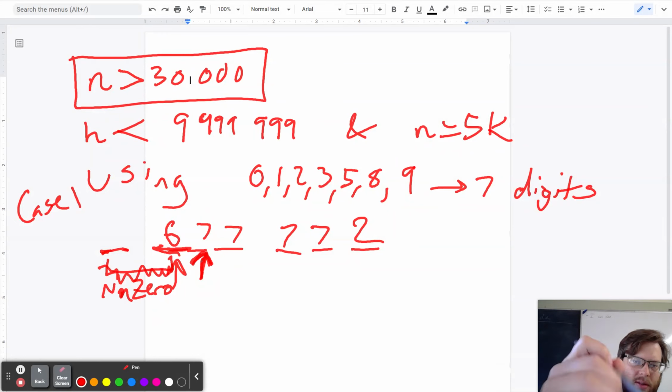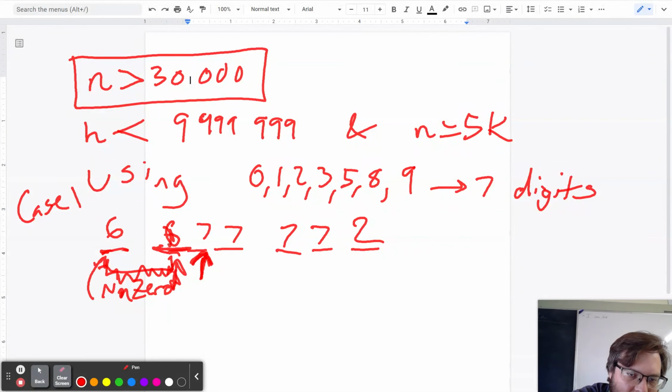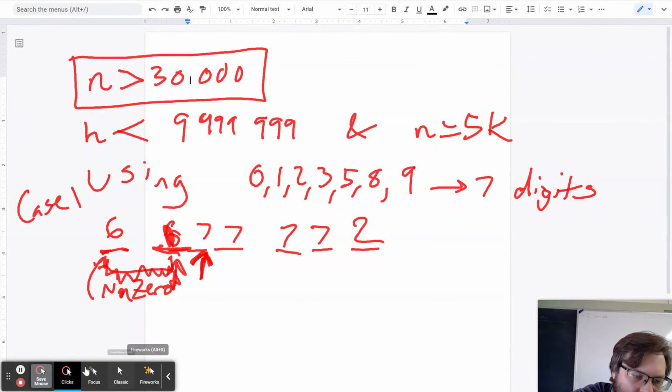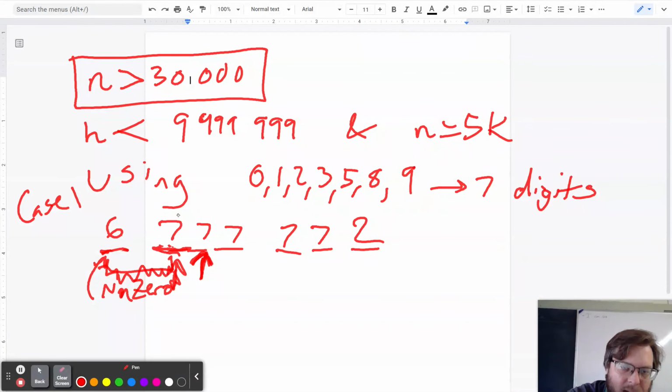Let me think. If the first digit is not zero, then it doesn't matter what that one is. So if the first digit is non-zero, then the other ones have those.